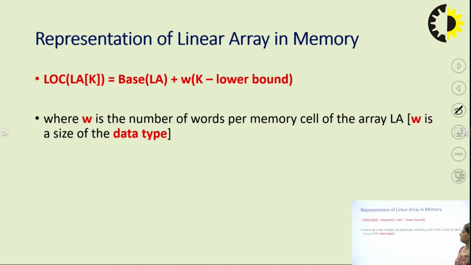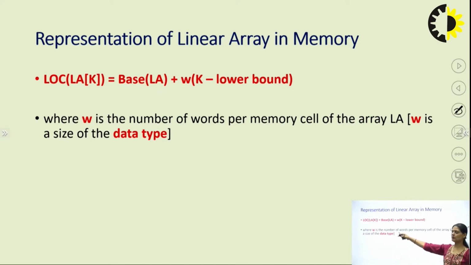Now, representation of linear arrays in memory. LOC of LA of k equals the base address of the array plus W into k minus lower bound, that is LB, which we have discussed in the last slide.